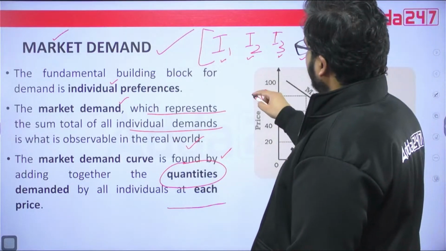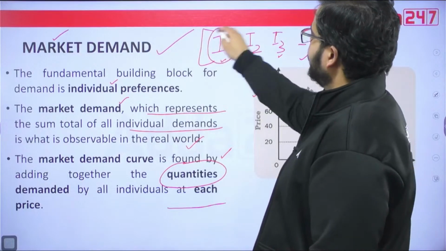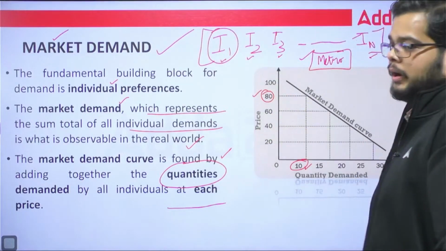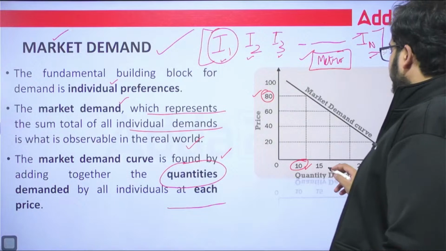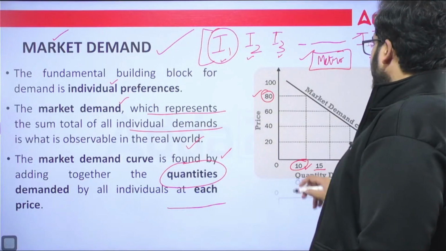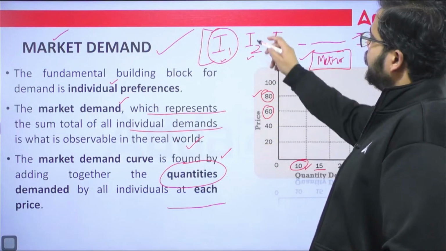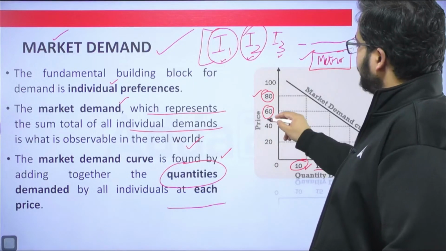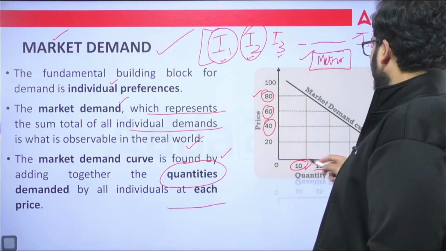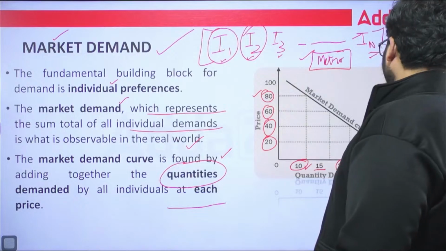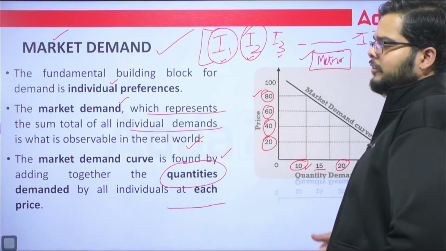Then for quantity 15, individual 2 has paid 60. Then for 40, individual 3 paid 20. For a quantity of 20, the individual paid, let's suppose, 25.